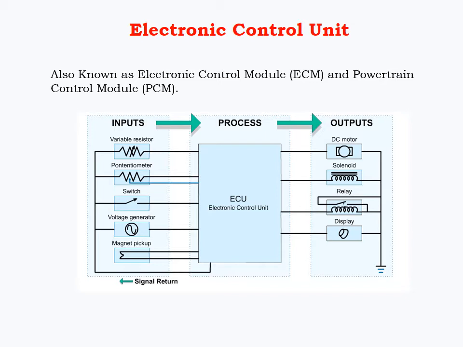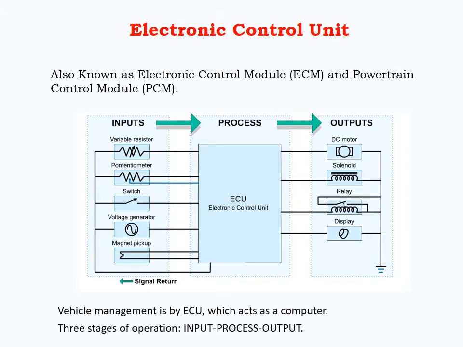Then it will process the input data and give the output to the output devices like the DC motor, solenoid, relay, and display. We get the data from the sensors and give it to the outputs. That is the engine control unit basic model.